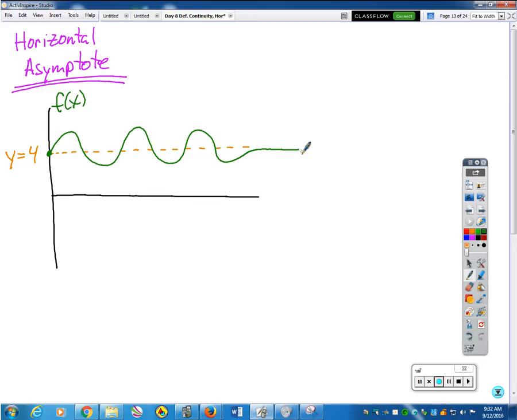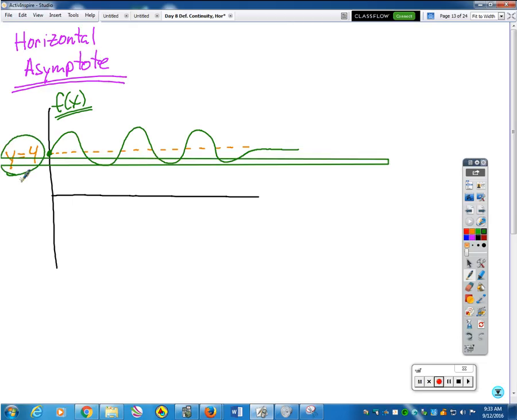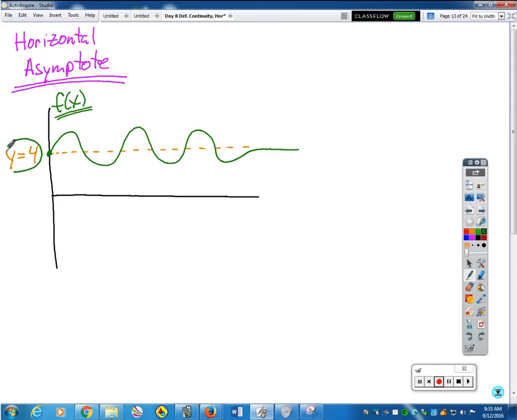But that is a false recollection. This is totally valid. This function has a horizontal asymptote at y equal 4 because eventually the y value is getting close to 4. But it does not matter what the y value does back here.